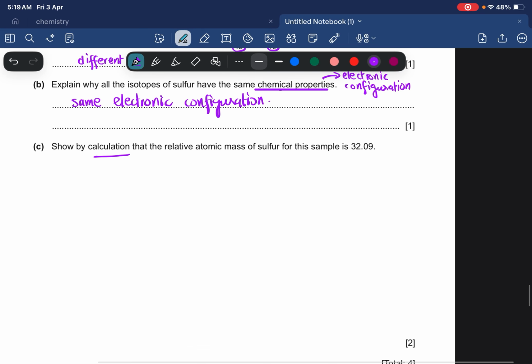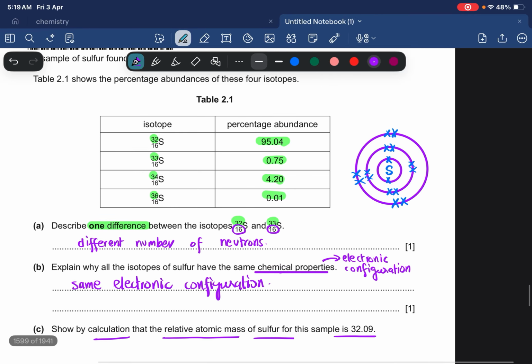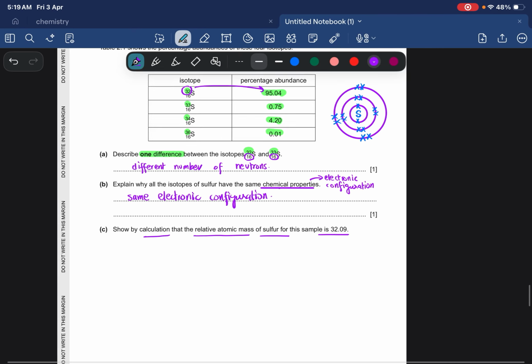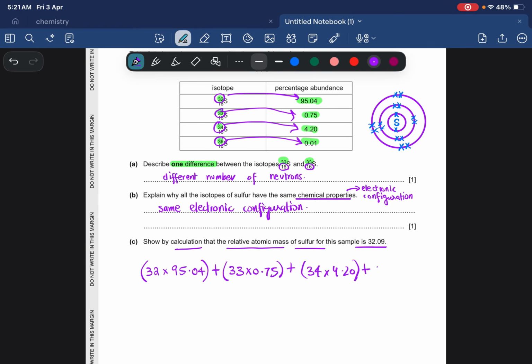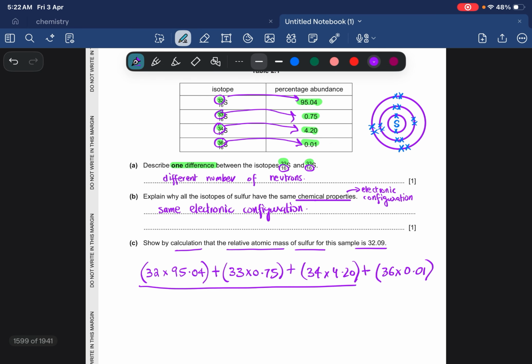Show by calculation that the relative atomic mass of sulfur in the sample is 32.09. How do you show it? You multiply this with this. So I multiply 32 with 95.04, plus, and so on, up to 36 times 0.01, divided by the total sum of all the abundances, which in case of percentage comes out to be 100.